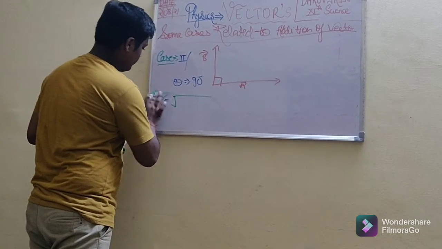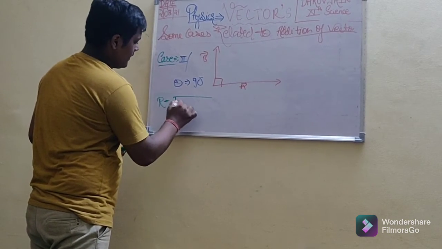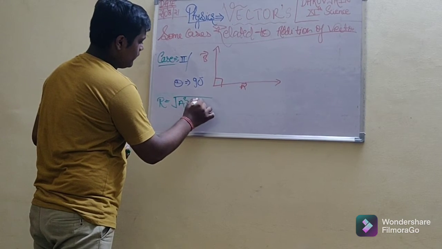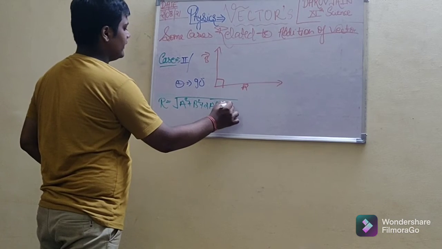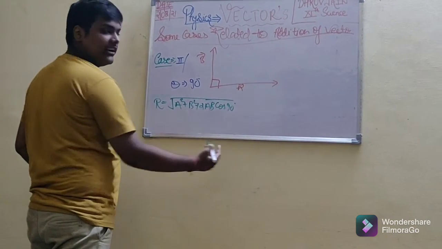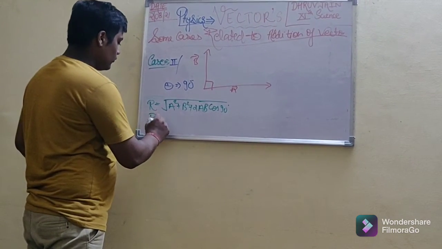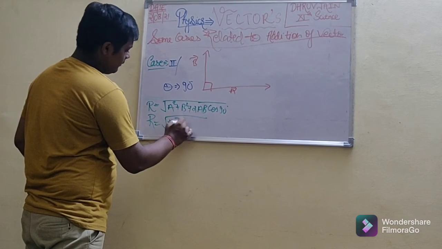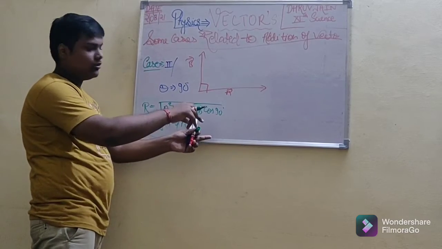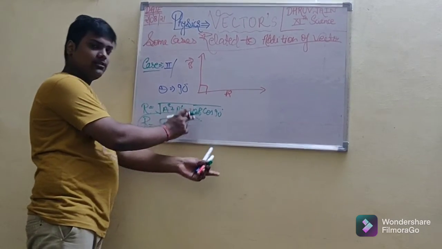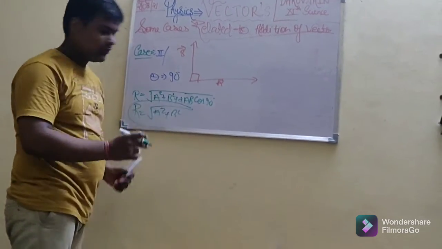Our resultant will be root of a square plus b square plus 2ab cos 90 degree. Cos 90 degree is 0. So the last term will be 0, and it will be root of a square plus b square.